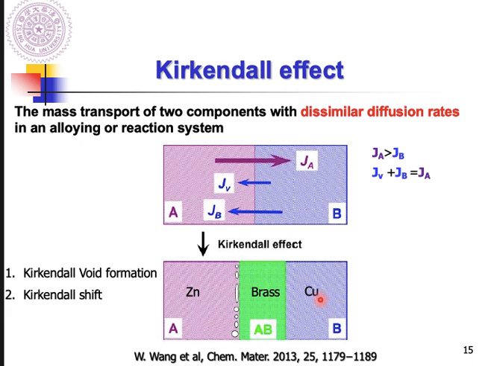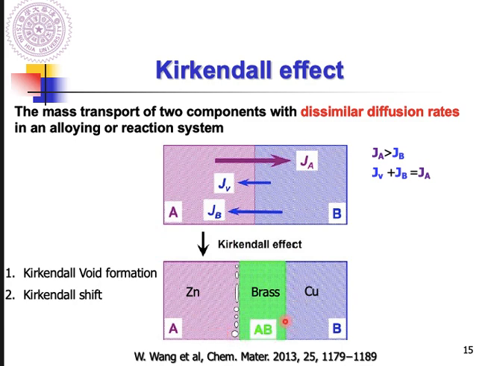In this case, you can observe voids form in zinc, and there is also interdiffusion in between, so you can observe a zinc-copper alloy, which some people call brass. We also observe the interface shift to the left-hand side. This is what we call the Kirkendall effect. This is a schematic.